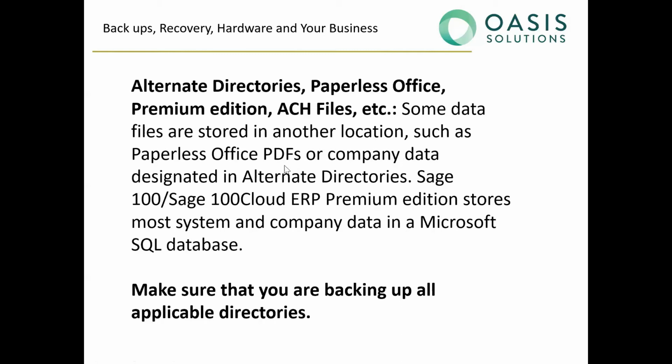Again, we wanted to talk about that, and just to make sure that you're backing up all of the applicable directories. Now, I want to add something for those of you that are payroll clients.